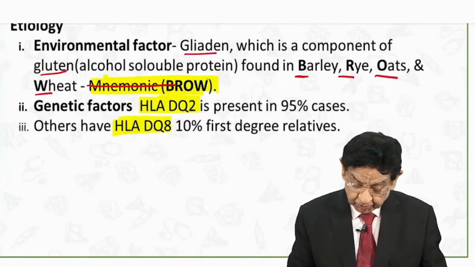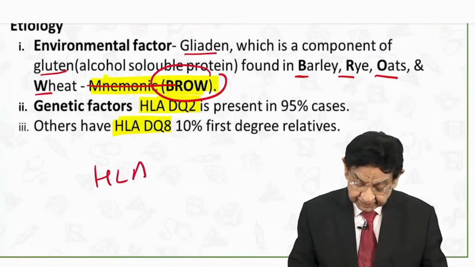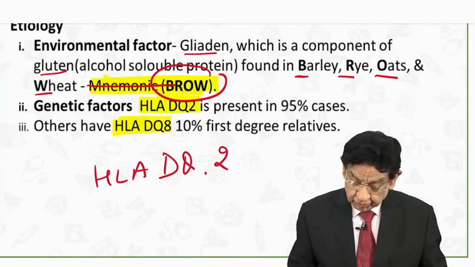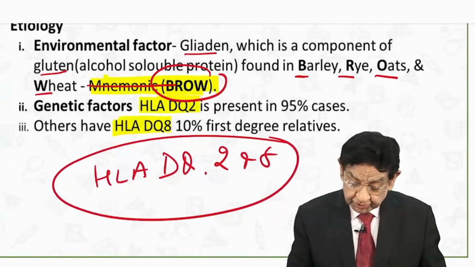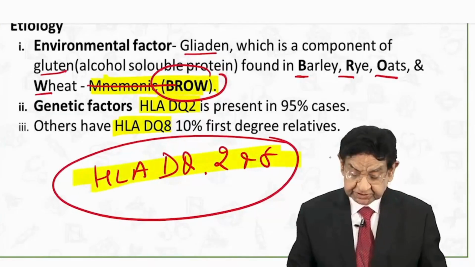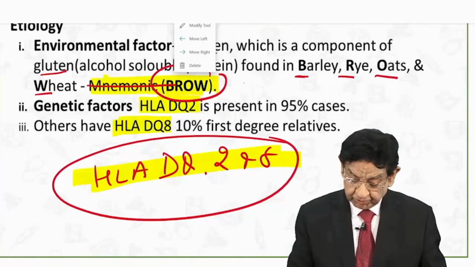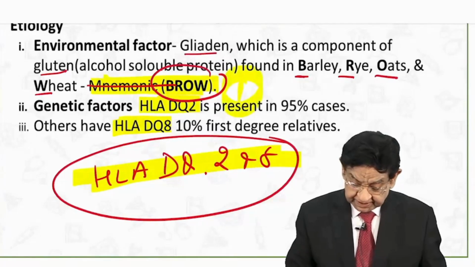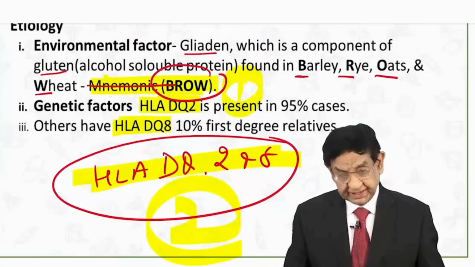One is the mnemonic, second is HLA-DQ2 and 8. So there are only two keywords to be remembered in this particular slide. The first keyword is the mnemonic and the second keyword is HLA-DQ2 and 8.